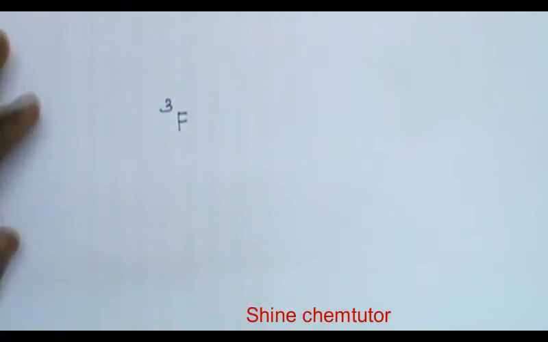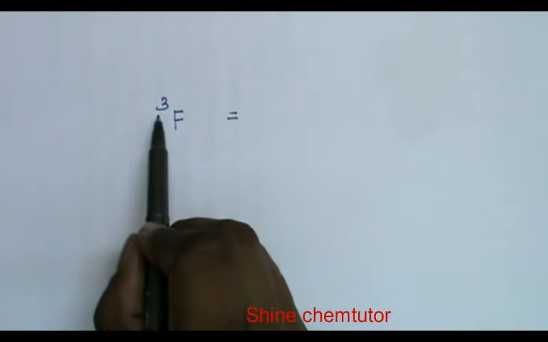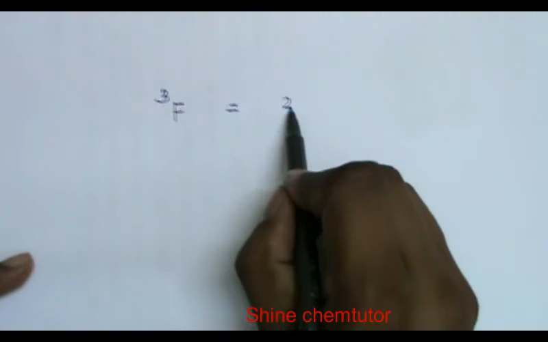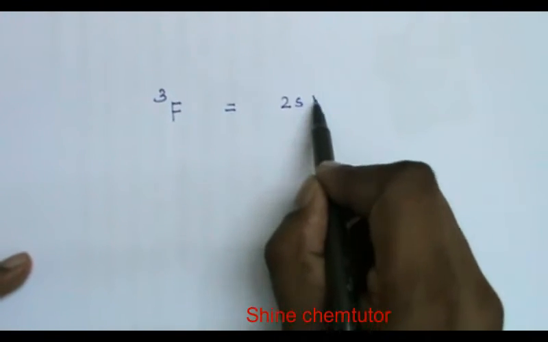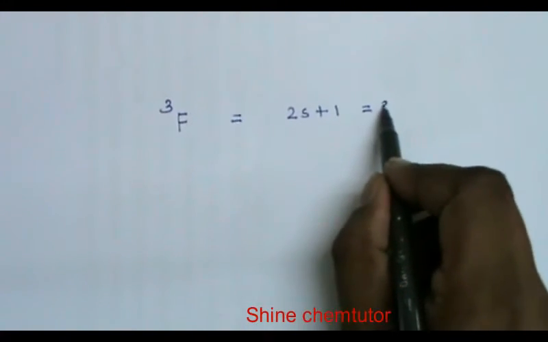The given term is F3. Now what I do, I go for the spin value. Triplet is possible only when the spin is equal to 1. The spin multiplicity is calculated based on this formula. This is equal to 3.